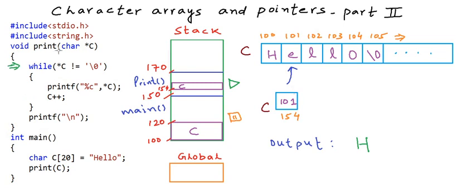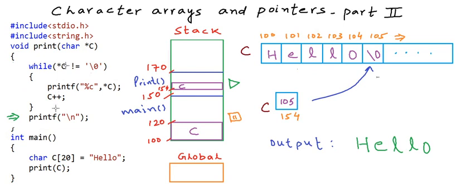And once again we come to verifying this condition in the while loop. Asterisk C is E here, it's not null. Once again we will go inside the loop and print E, and we will keep on going like this till the address in this pointer variable reaches 105. Now here the value at this address is the null character, so the loop will not execute.